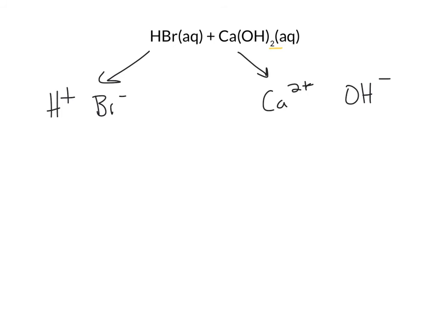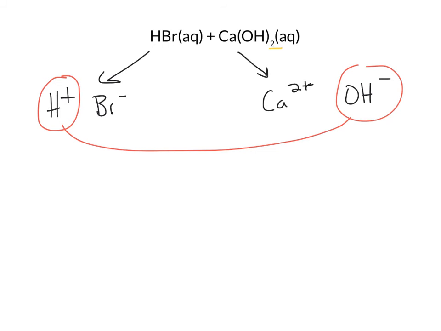Now that we have our cations and anions, we're going to swap partners. So the H plus goes with the OH minus. And when they combine, you might initially want to write it as HOH because that's your cation, then your anion, but it's more commonly written as H2O.